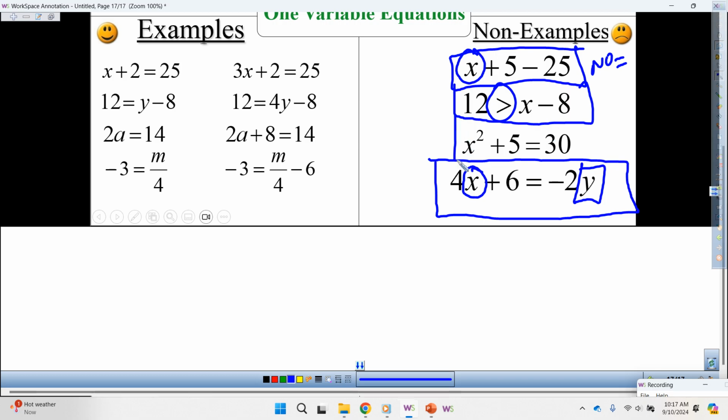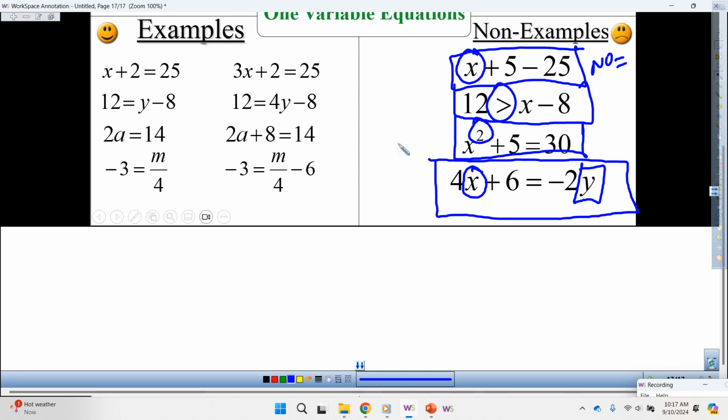Let's go to this one. X squared plus 5 equals 30. Look at the examples and look at that one. What makes that one not a one variable equation? Tell your neighbor. All right, Colleen, what? The square, that is correct.